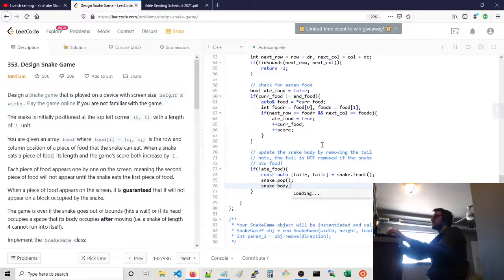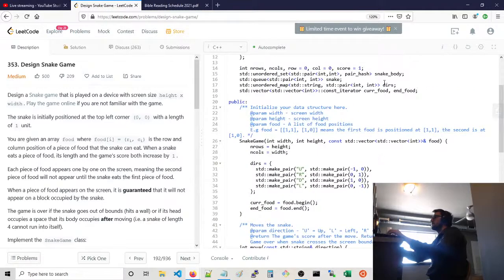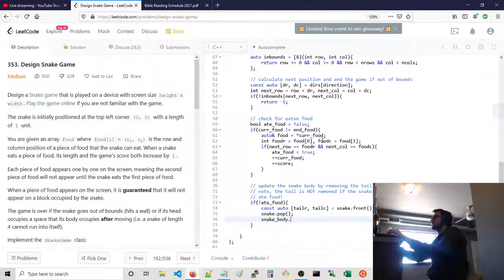Snake underscore body dot erase, or, well, we don't even need to do that, actually.